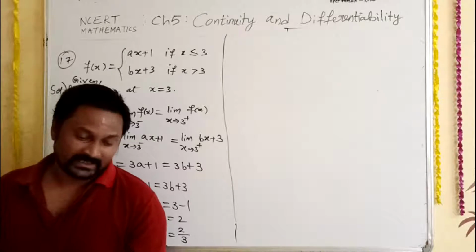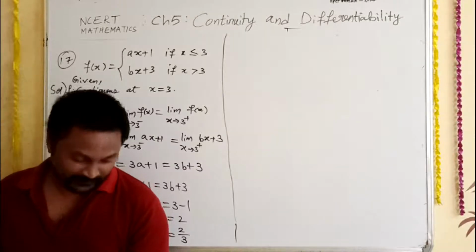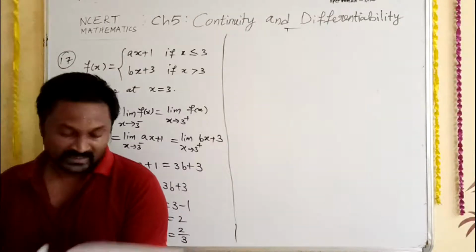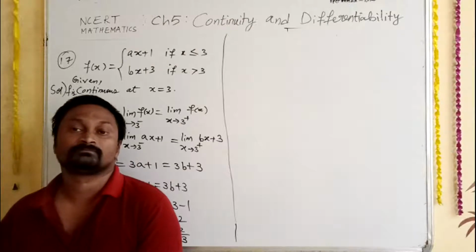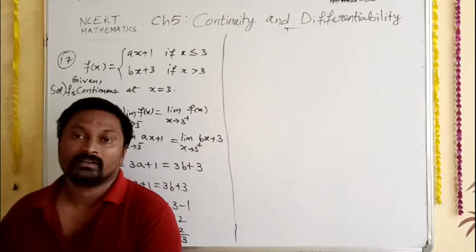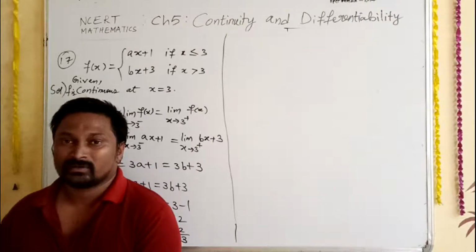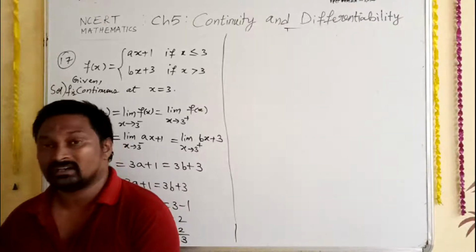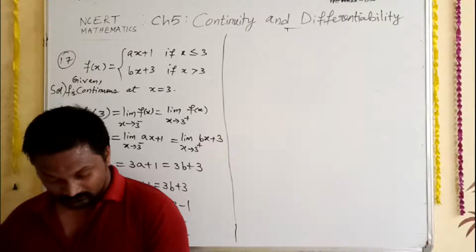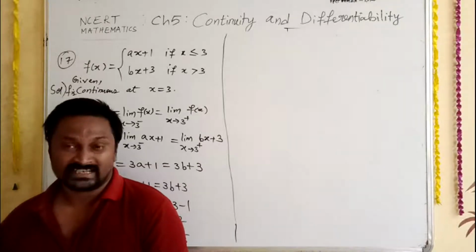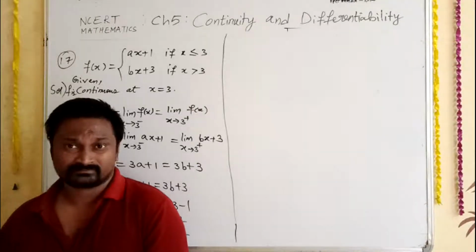If you are not able to solve, inform me so that I can help you solve it. 18th. Okay, no doubt. So now the 18th problem, can I solve or can you solve?